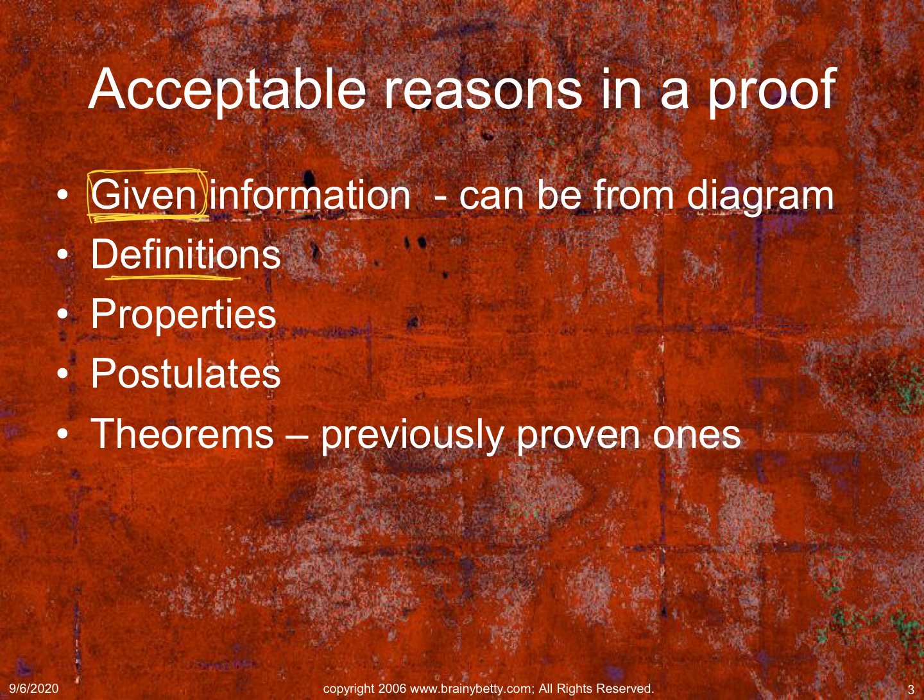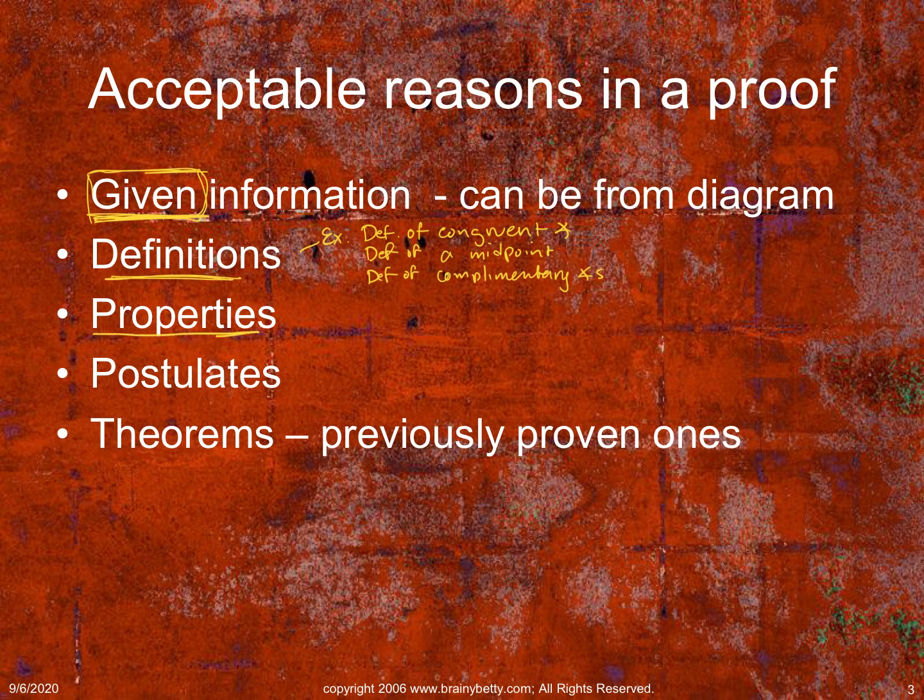These definitions must be known, like maybe definition of congruent angles, definition of a midpoint, or definition of complementary angles. We've learned a lot of definitions this year. These are just some of them.